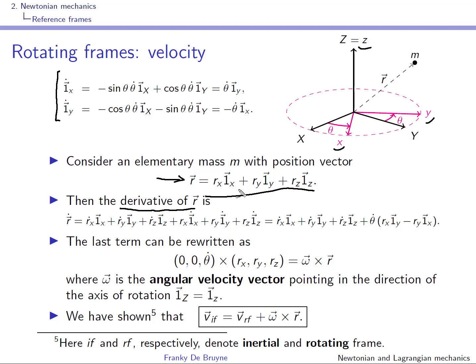Since it's the product of two things, we have to take the time derivative of this one times the unit vector in the x direction in the rotating frame, plus r_x times the derivative of the unit vector. So the two terms that I've mentioned are this one and this one.